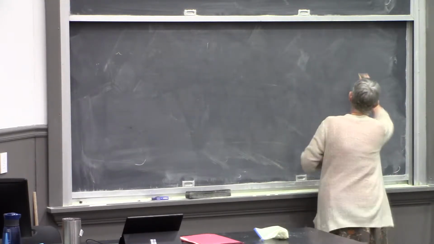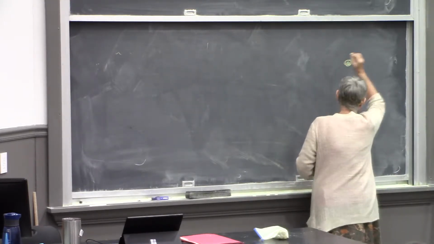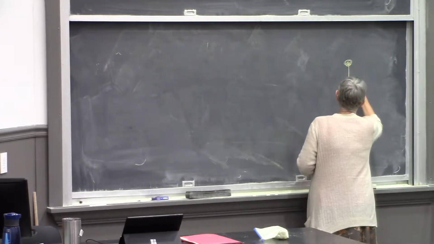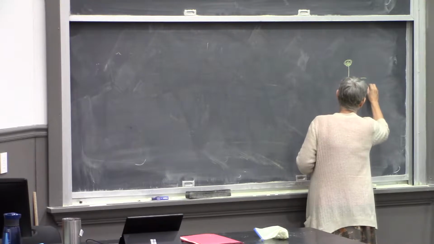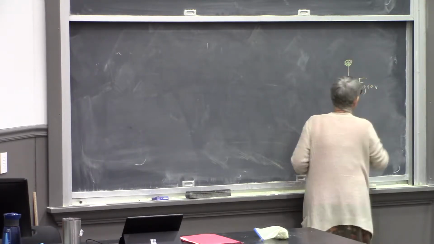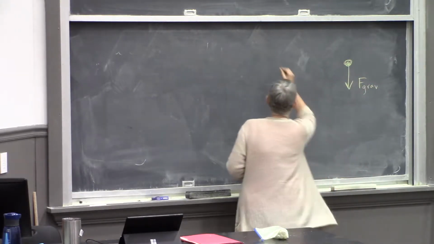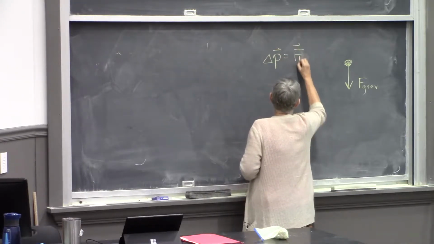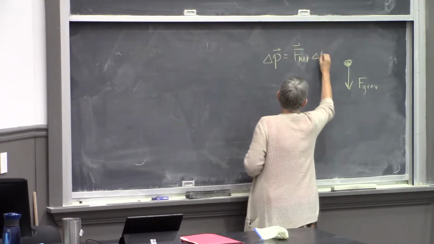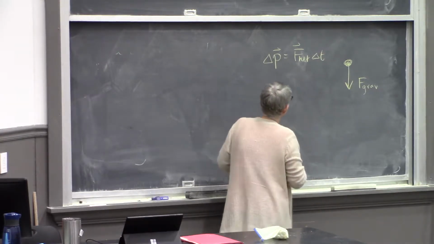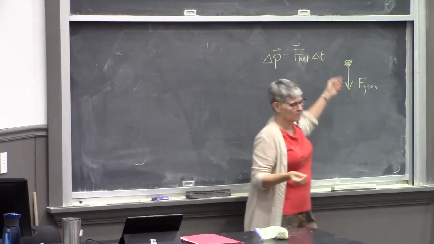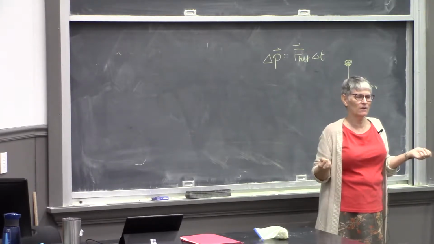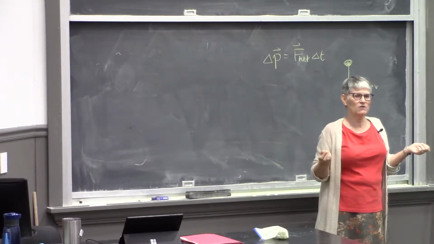So that's a physics professor, and she has a gravitational force downward, and because delta P is F net delta t, and over the next 1 second or half a second or 10 seconds, or pick your time interval, my momentum isn't changing.